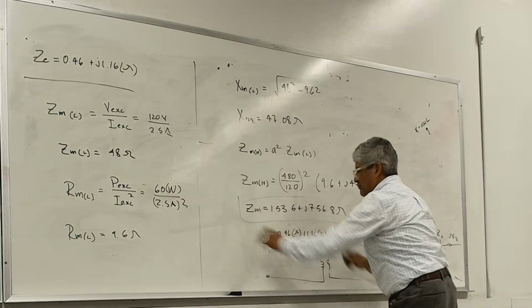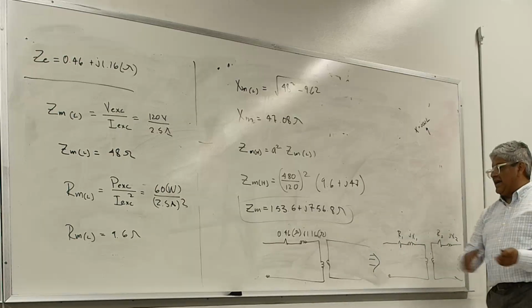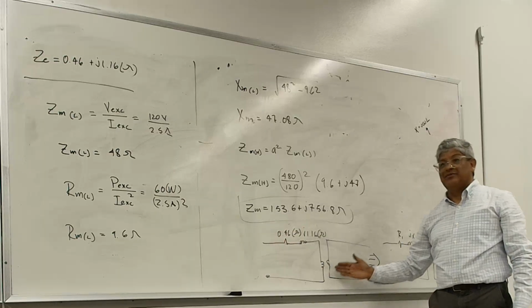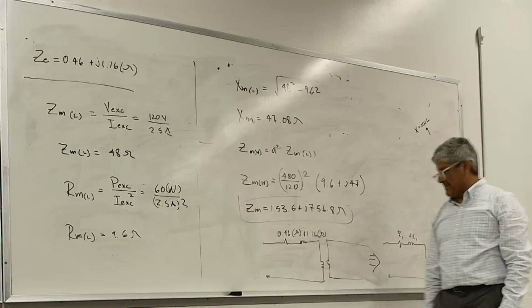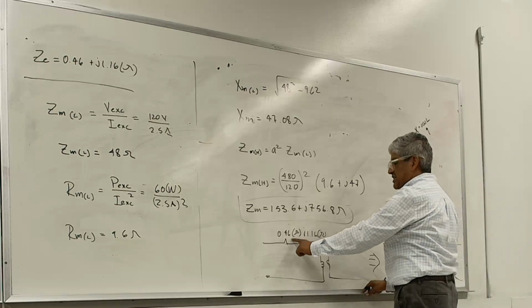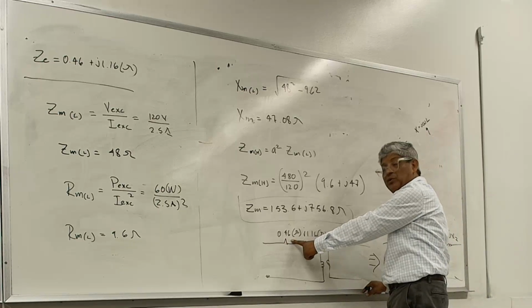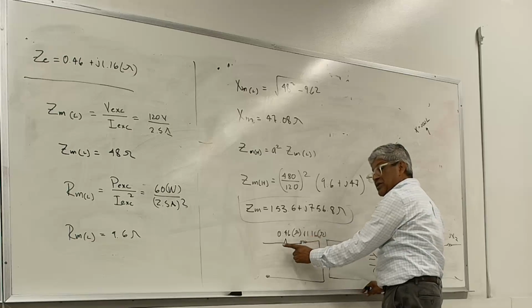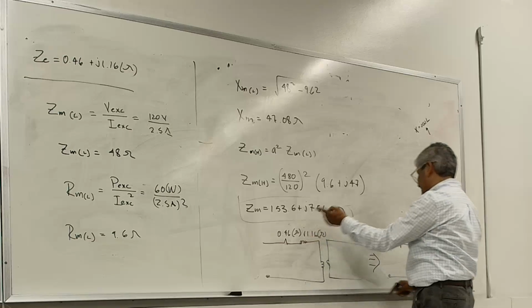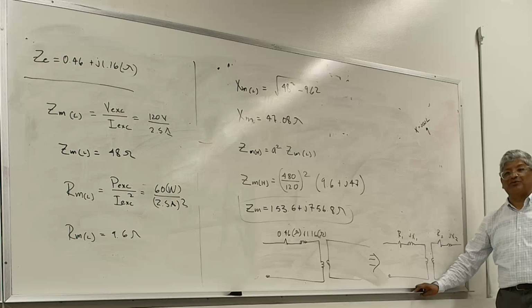Forget about the magnetization branch for a second. So I'm giving you this right here, right? I take 0.46, you divide it by 2. So that's 0.23. So you leave 0.23 on this side, and what do you do to bring the other 0.23 to the other side?